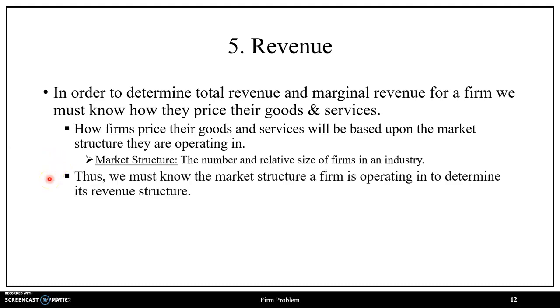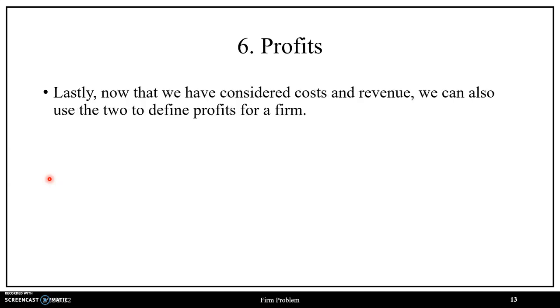Thus, in order to examine and determine revenue for a particular firm, we must know their market structure, where market structure will be a topic that we'll be addressing in following chapters, and we'll go through an example of calculating total revenue and marginal revenue given a particular market structure in our following video.